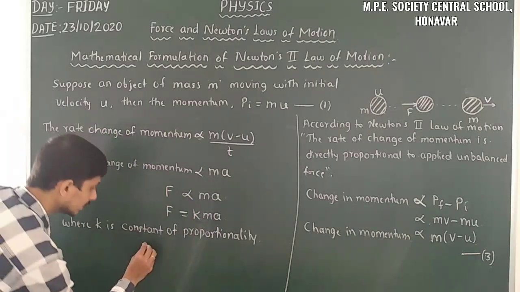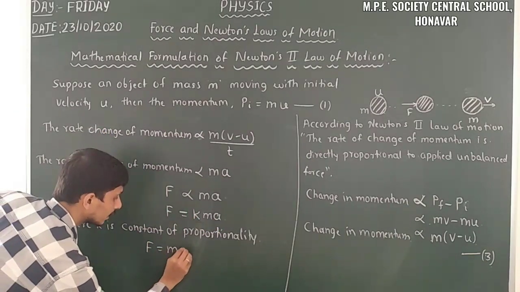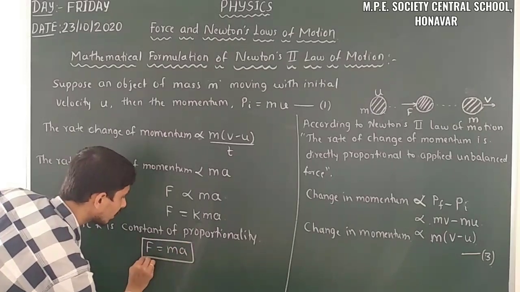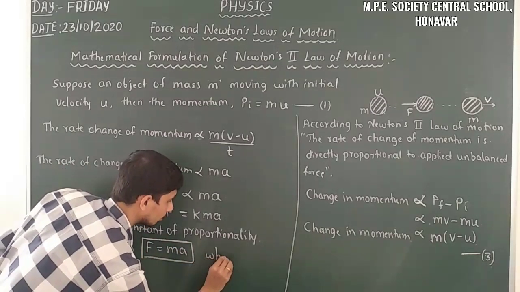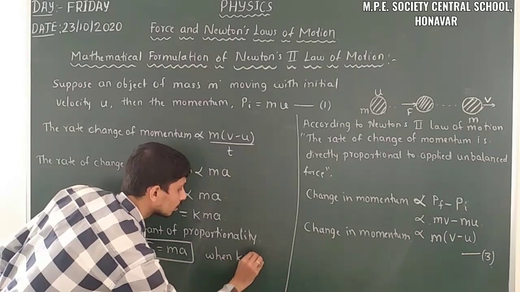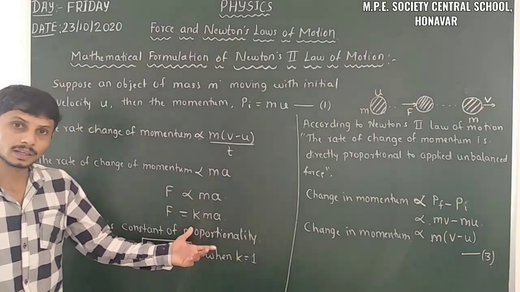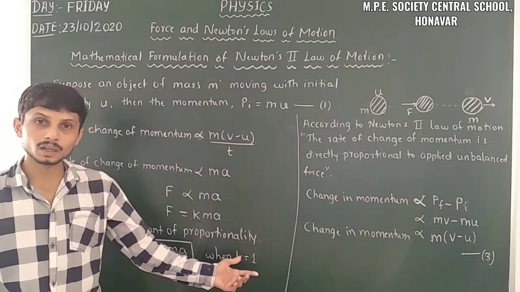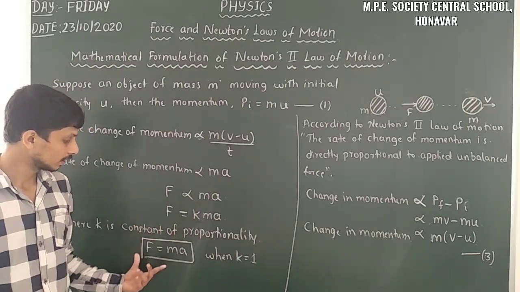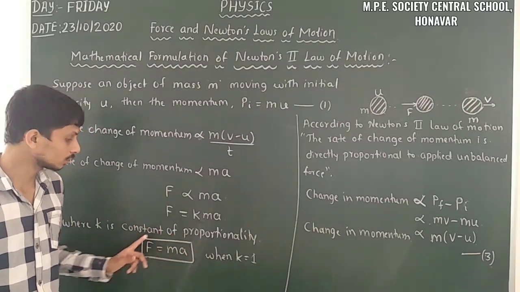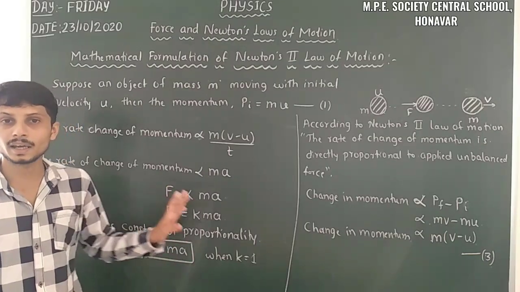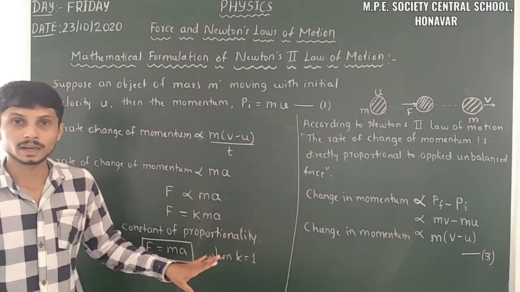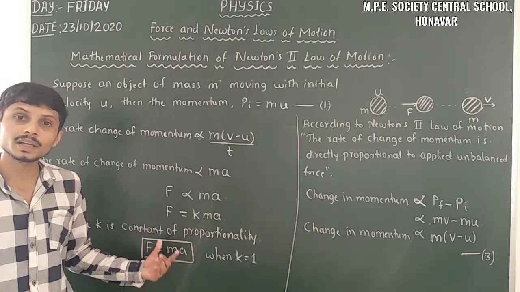So we can easily take F is equal to ma, when k is equal to 1, that is, when k is equal to unity. So this formula we use many times. And from that we can find out the SI unit also.